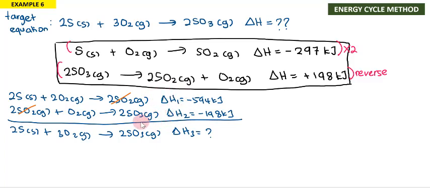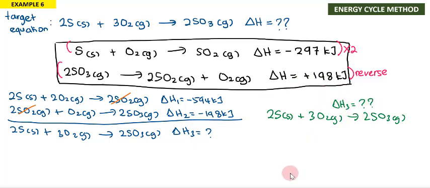Now to convert it into the energy cycle method, I'll copy back our target equation: 2 moles of sulfur solid plus 3 moles of oxygen gas produce 2 moles of sulfur trioxide gas. I'll label it delta H3, same as in my algebraic method. I need to find the value of the delta H3.